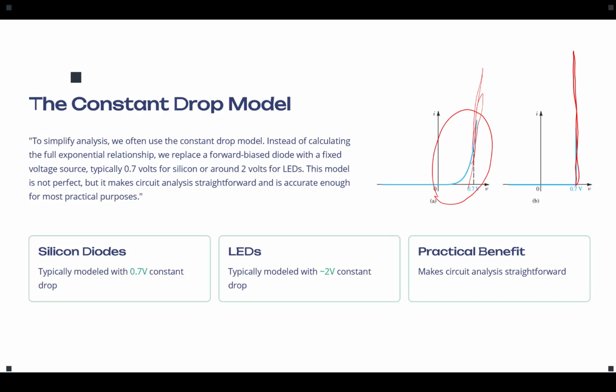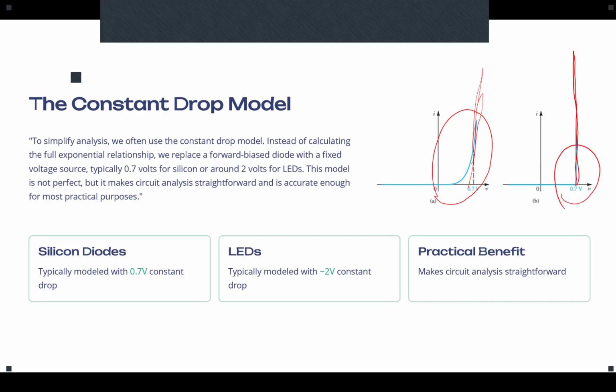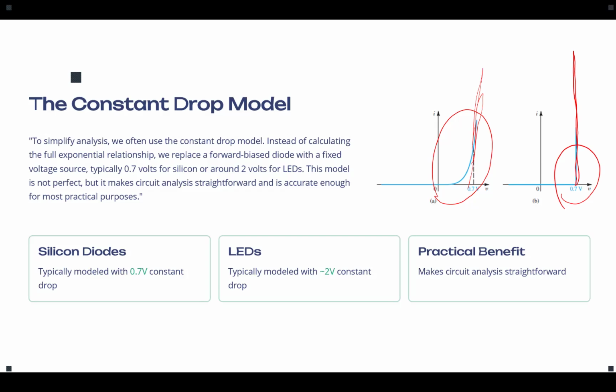when we have such a model, what is the benefit of that? When we want to run the mathematical analysis over your circuit, instead of having an exponential function, a nonlinear component in your circuit, now you have a specific constant voltage in a conducting mode.